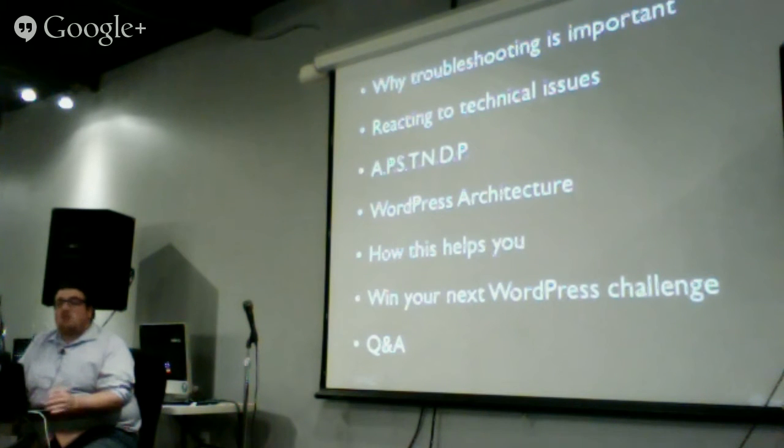Then WordPress architecture, just a quick overview, literally a 30,000-foot view of what's going on behind the scenes in a typical WordPress site. It doesn't apply to everyone, but for most people, this is what you should be looking at and thinking about whenever you have a technical issue. I'll also make it very practical, showing how this actually benefits you, and then hopefully some tips to help you win the next WordPress challenge.